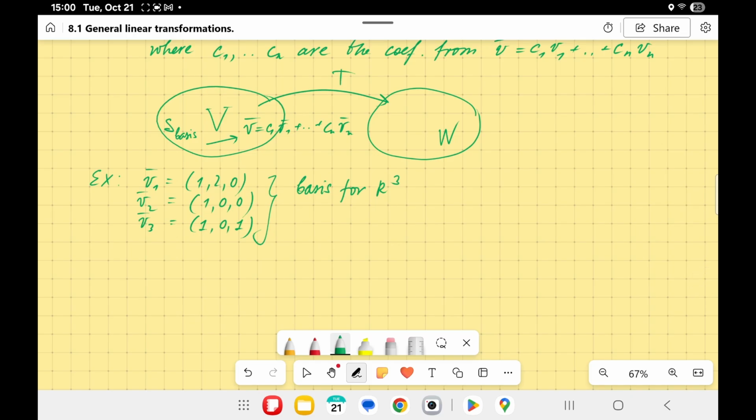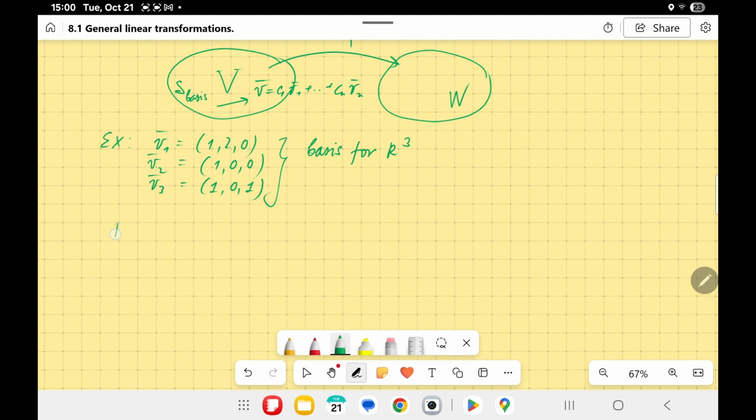Well, we obviously see that one of the vectors is a standard basis vector and the two others are linearly independent, and it's kind of obvious that they are all linearly independent.